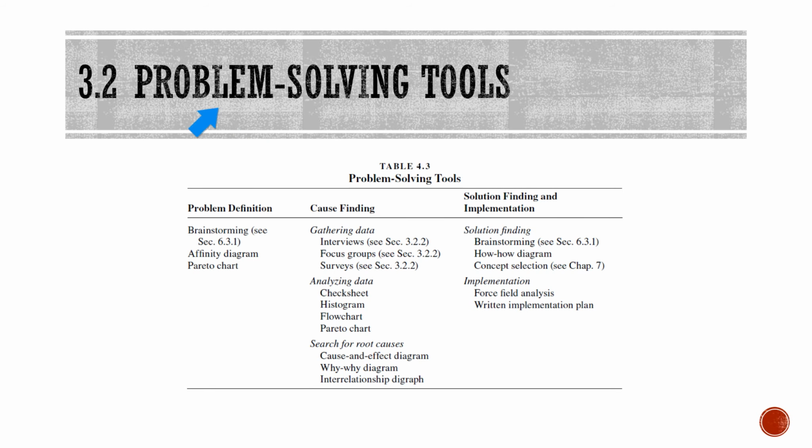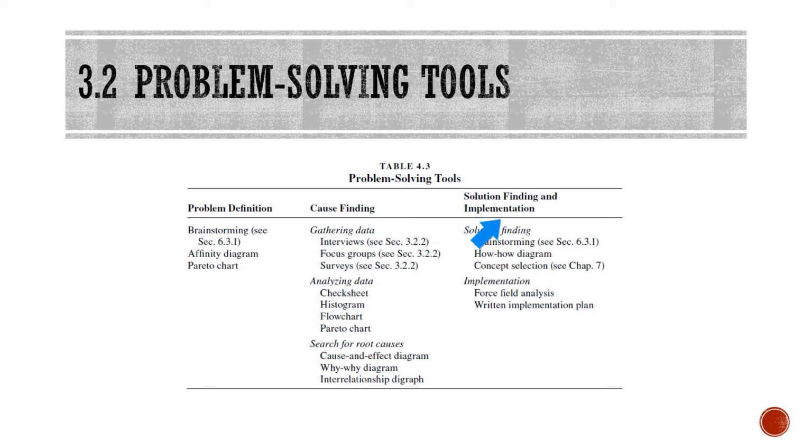Now we go into the problem solving tool. In engineering design, usually there are 3 types of problem solving tools that you need to master first. First is the problem definition tool. Second is the cause finding tool, and third is the solution finding and implementation.